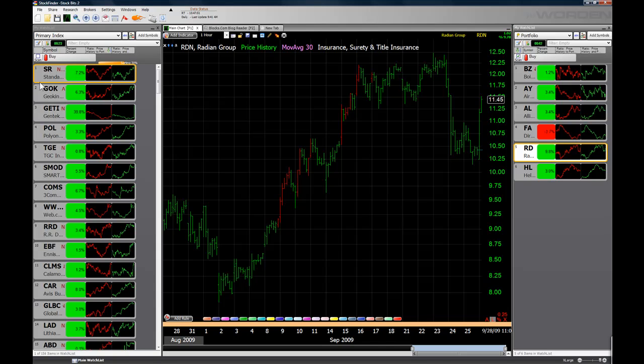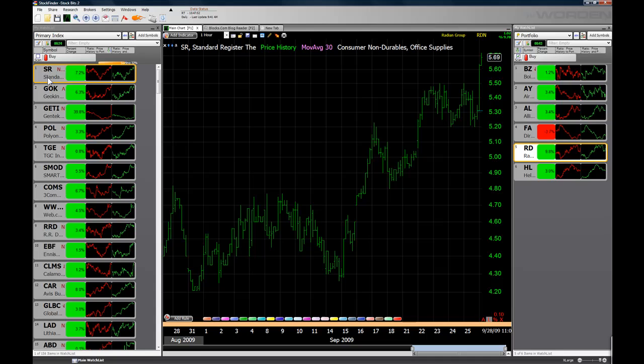In fact, if we click on here, you can see what's going on. Look at this standard register, whatever that is. We're looking at a 1 hour basis. Look at that baby go. I don't even know where to begin to explain all these various rules I have down and what have you. It's just experience over many years.